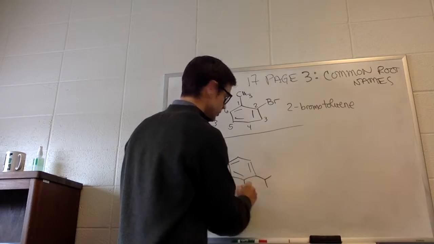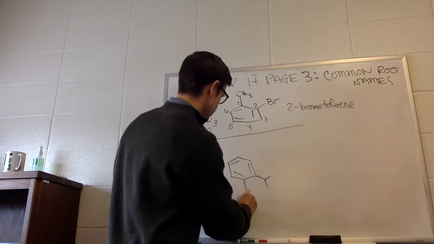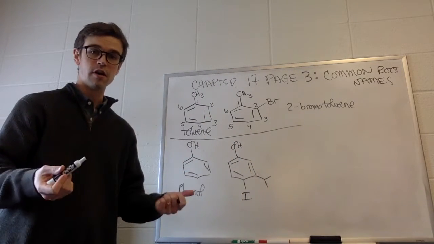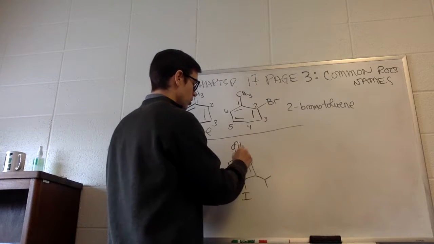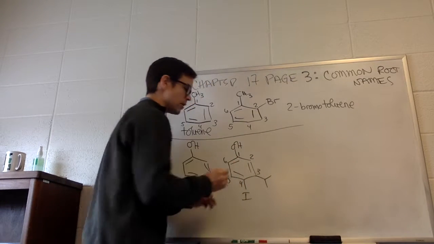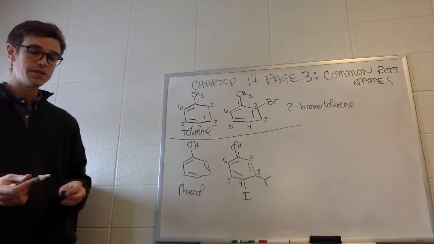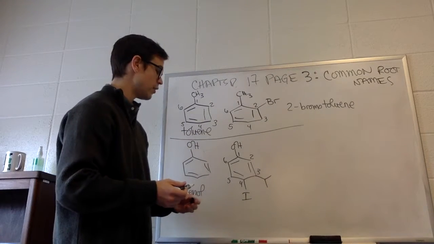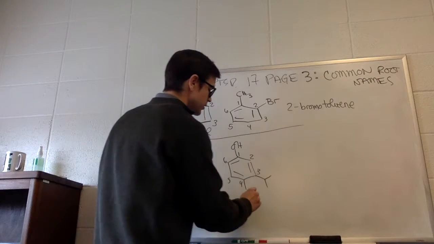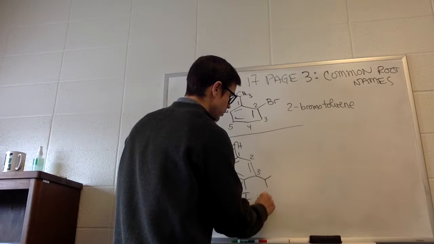So what would we name something like this? Okay, so it's going to be named phenol, and phenol has the alcohol in position 1. Numbering this way would give us the lowest combination of substituents. Then we need to alphabetize those substituents. This would be an iodo.